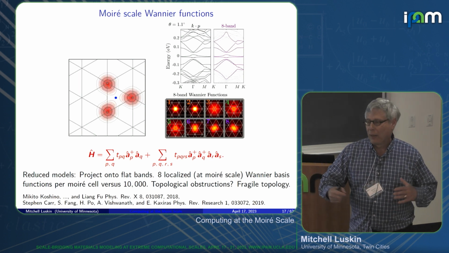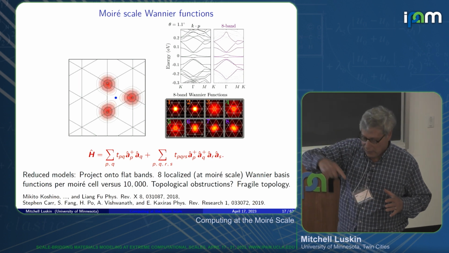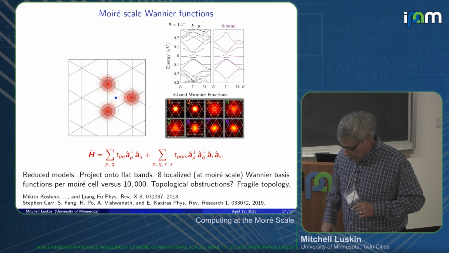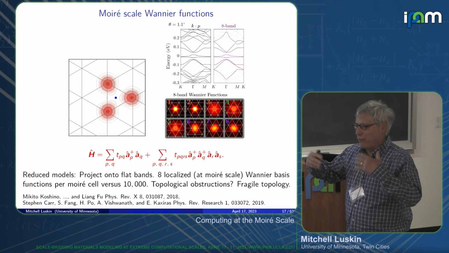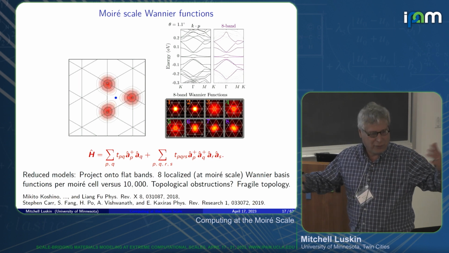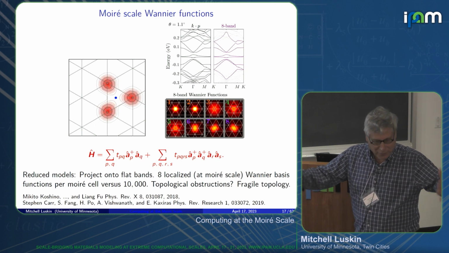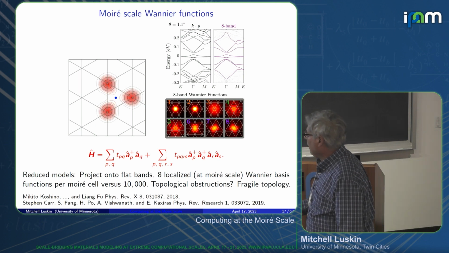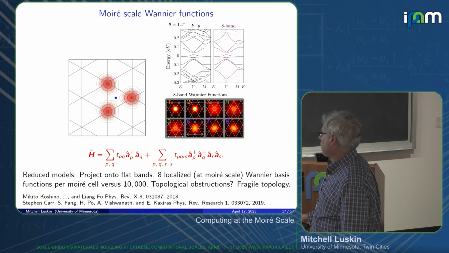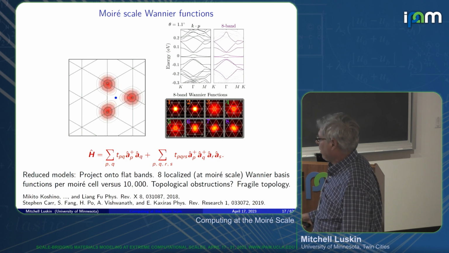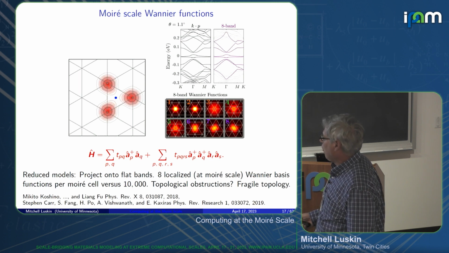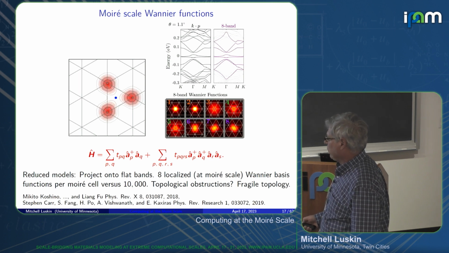When you go around the Brillouin zone, you don't want a phase. That's the Berry phase and all that business. So there's even some interesting math still to be done. We've talked about it, and the physicists call this a fragile topology.